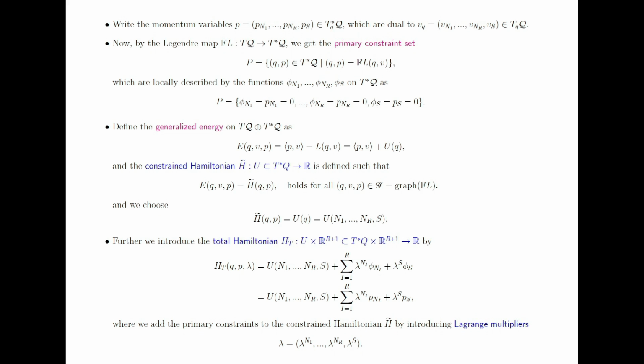We cannot define the usual Hamiltonian, but as I showed you, the total Hamiltonian can be constructed like this. So we have some primary constraint set, and we have internal energy with the primary constraint. Then we define the total Hamiltonian.